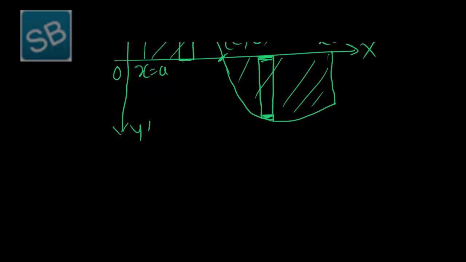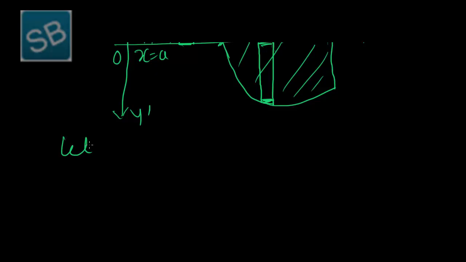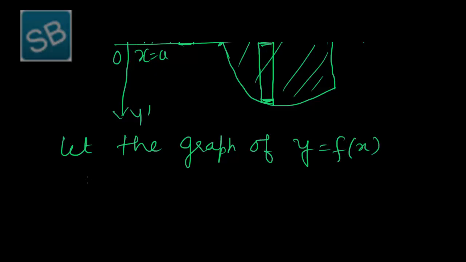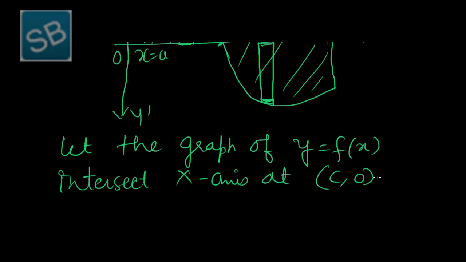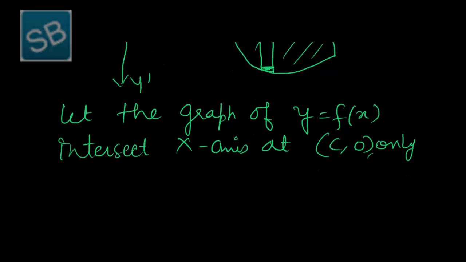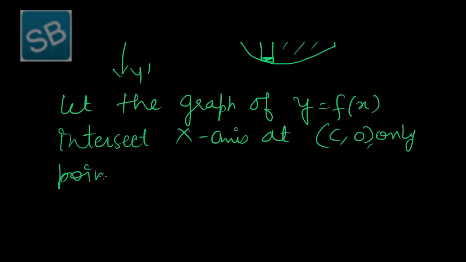So let the graph of y is equal to f of x intersect the x-axis at (c, 0). That is the only point where the curve meets the x-axis, only point c, lying between a and b.